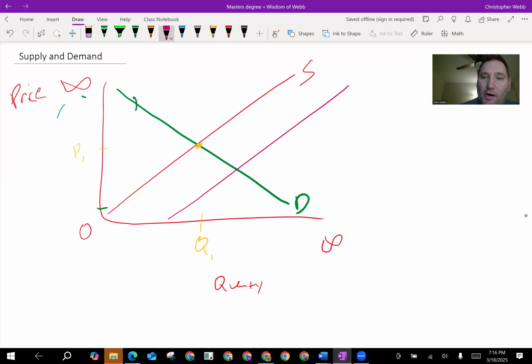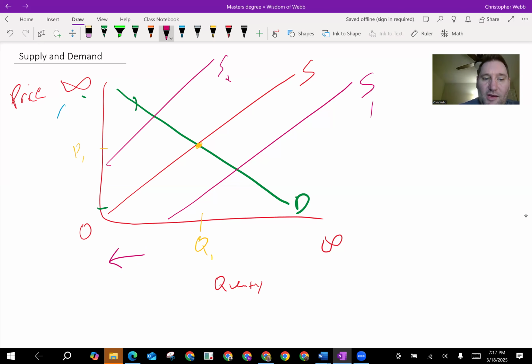So the supply curve can shift outward to supply one. It can shift inward to supply two. And what this means is that the built-in supply of the market will shift outward from zero or in towards zero, meaning there's an increase in supply or a decrease. So whenever we say an increase, we are going away from zero. And whenever we say a decrease, we are going towards zero.